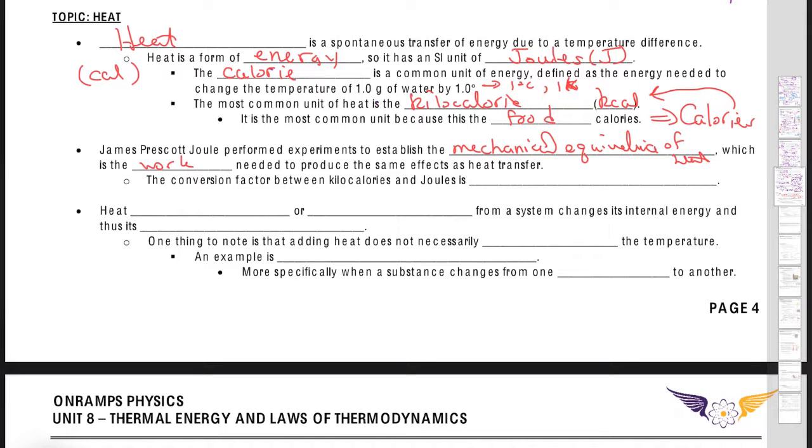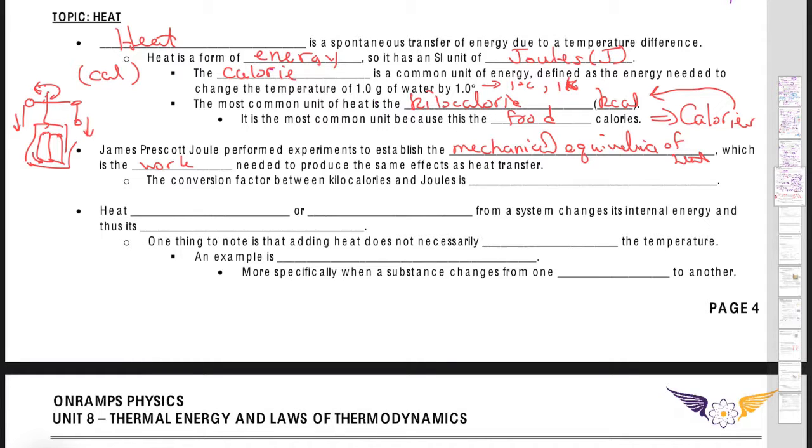You had this contraption where a piece spun inside a liquid. He hung weights, and it caused the paddle to spin. This stuff spun inside, and he was able to do some calculations.